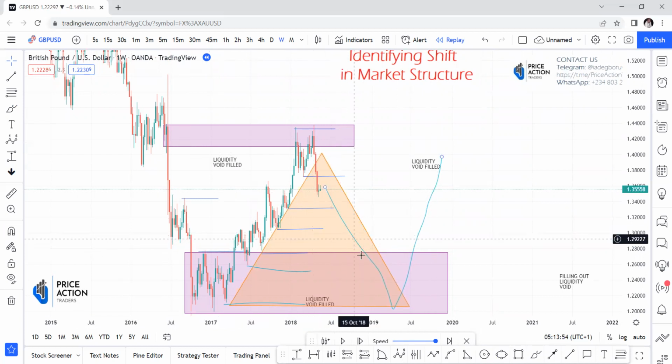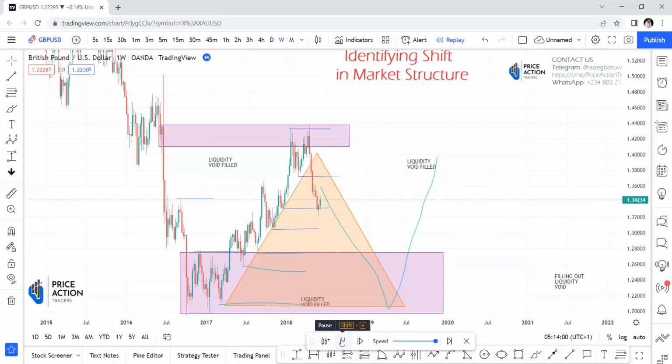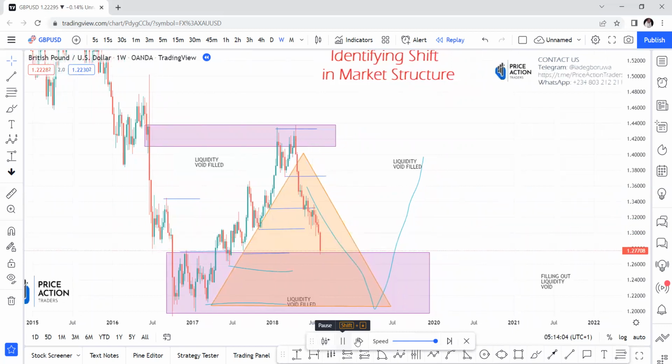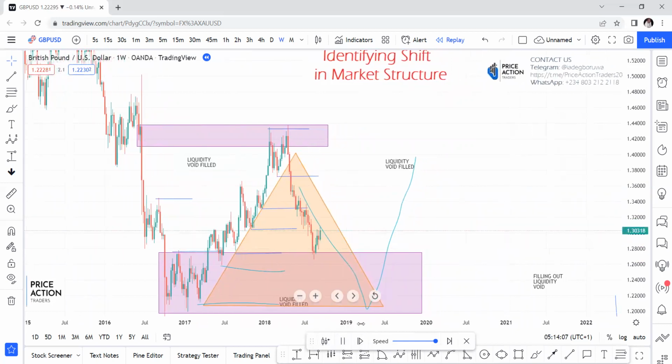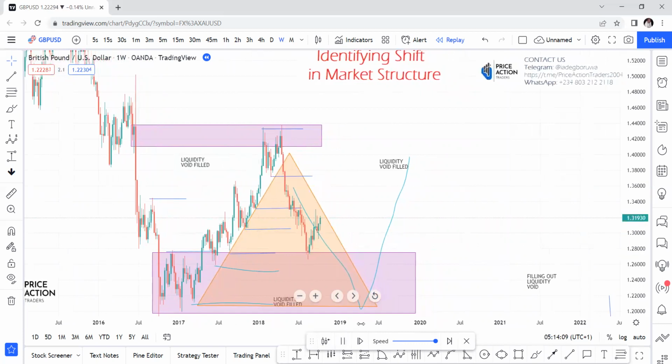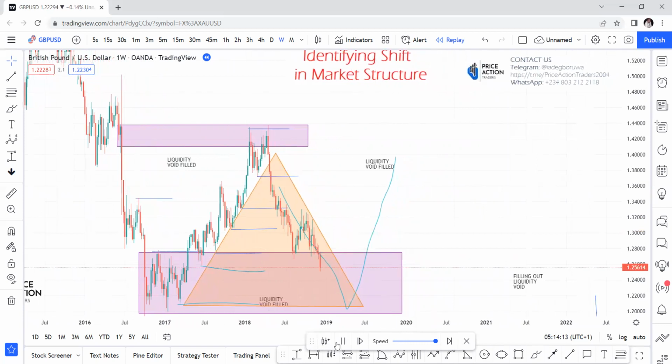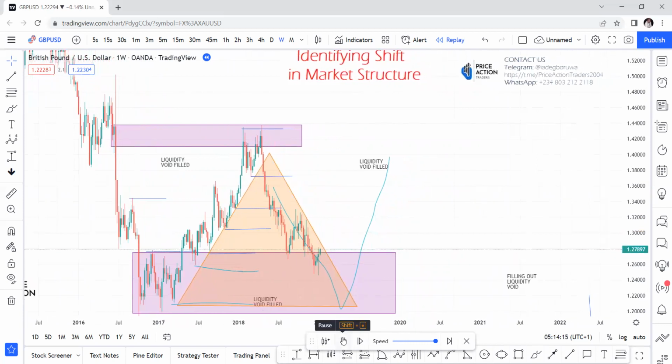You can see that as price is coming down, filling up the gap, the shorts are being covered, and after this, what we experience is distribution to the opposite. The short has been covered.